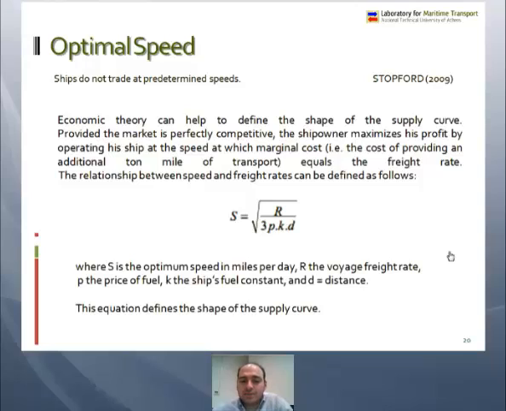This S is the optimum speed in miles per day, and is computed given the voyage freight rate R, the price of fuel P, the ship's fuel constant K, and the distance that the vessel has to sail. And this equation defines the shape of the supply curve.